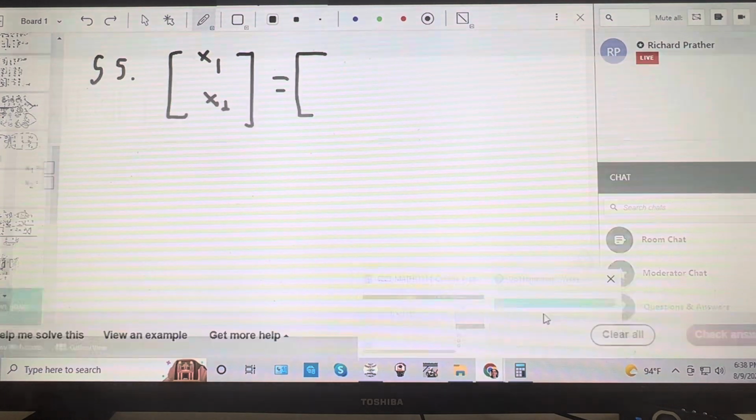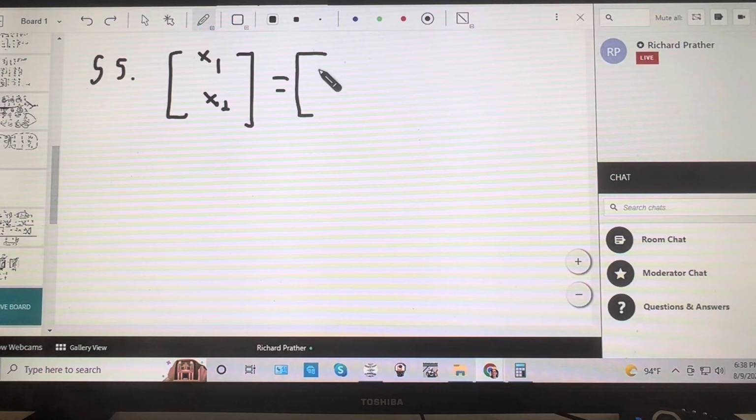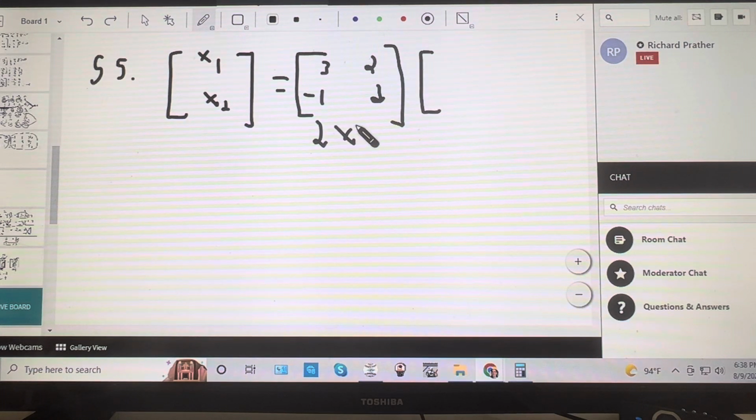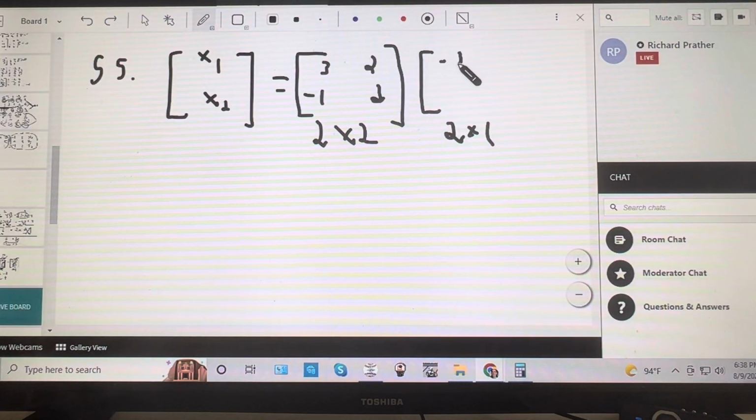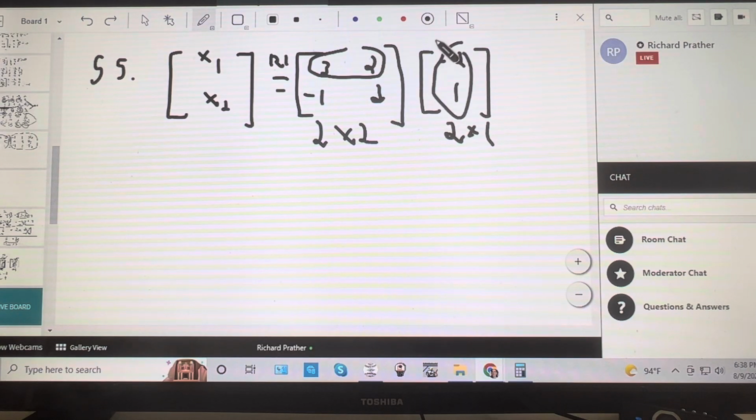So there's a 2 by 2 matrix, 3, 2, negative 1, 2, times a 2 by 1, negative 2 and 1. I use row 1 of the first matrix and the only column of the second matrix. 3 times negative 2 is negative 6, plus 2 times 1 is 2.